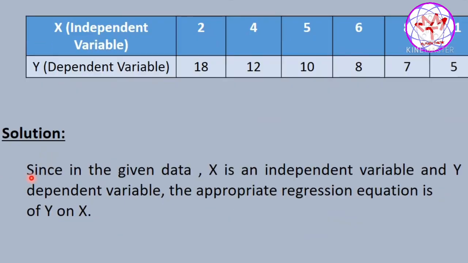So over here we have written, since in the given data x is an independent variable and y is a dependent variable, the appropriate regression equation is of y on x. So let us calculate now the regression equation of y on x.